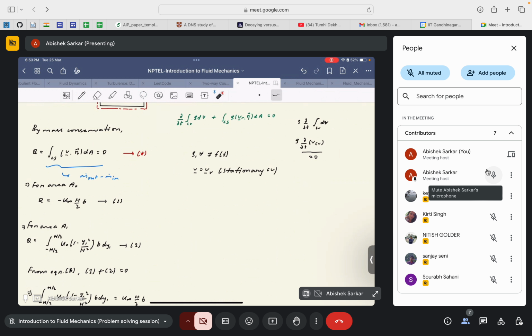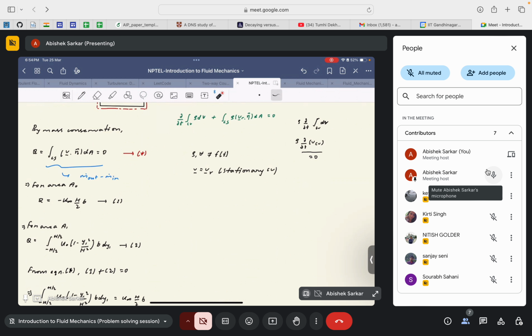The complicated part is the outflow, the right arm where the fluid is going outside the control volume, because the velocity is not constant. It is in fact a function of y, and it has a quadratic dependence.